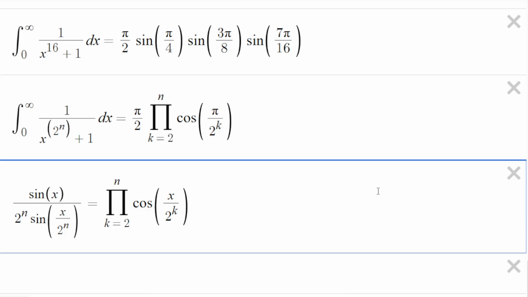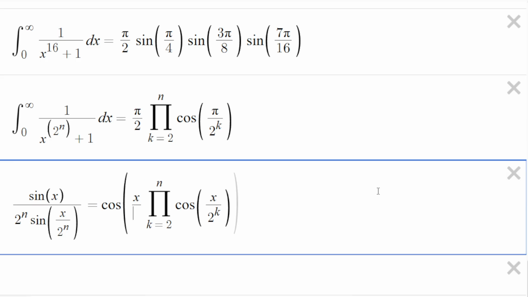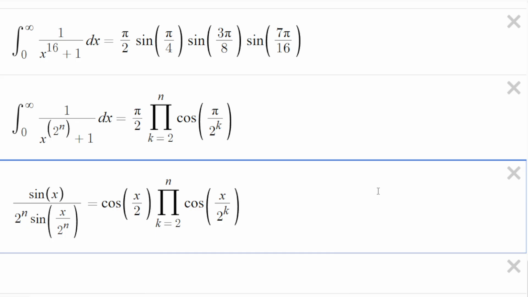What that did was it basically subtracted the k is equal to 1 term. In other words, I'm sorry, it removed a multiplication of cosine x over 2 to the 1. So we need to put it back. So we have cosine of x over 2. All right. So that should be true.